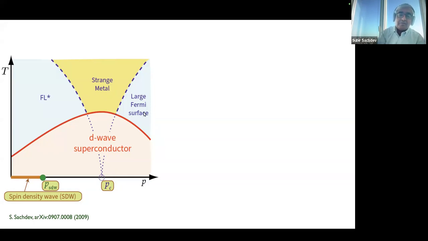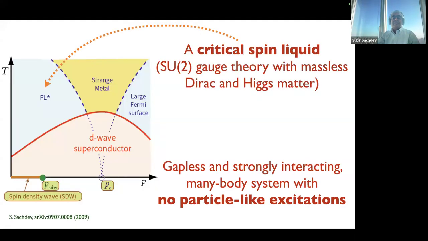Okay, so what I presented to summarize is a theory of FL star, which had hole pockets and a critical spin liquid, which was an SU2 gauge theory with massless Dirac and Higgs matter. And this leads to a gapless, strongly interacting many-body system.